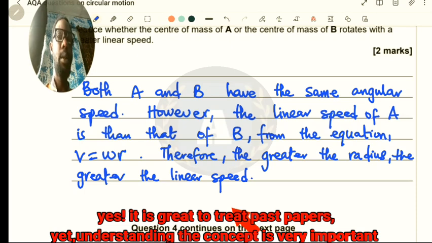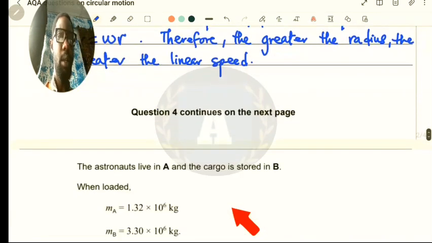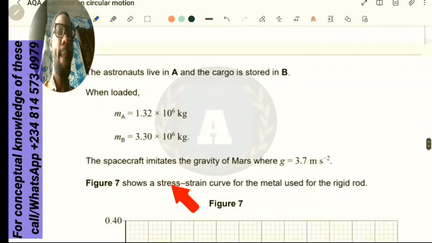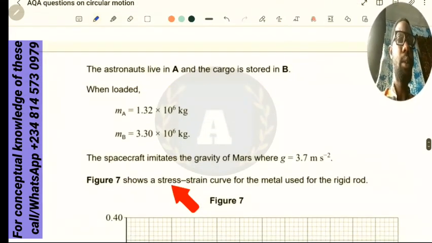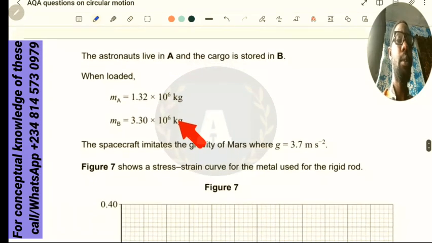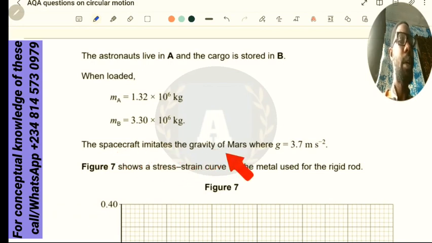Okay, so that's done. Now we were told here that the astronauts live in A and the cargo is stored in B. When loaded, mass of A is 1.32 times 10 to the power of 6 kilogram, and mass of B is 3.30 multiplied by 10 to the power of 6. The spacecraft imitates gravity with g equals 3.7.